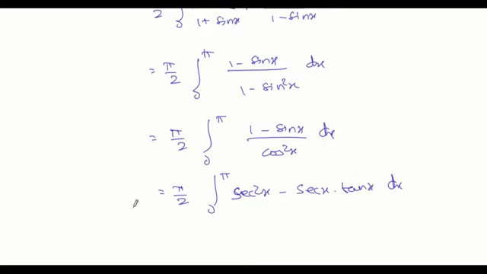Okay, so now it is pi by 2. Now the integral of secant square x is tan x, minus the integral of secant x tan x is secant x. Now the limit is 0 to pi. You can apply and get the answer now.